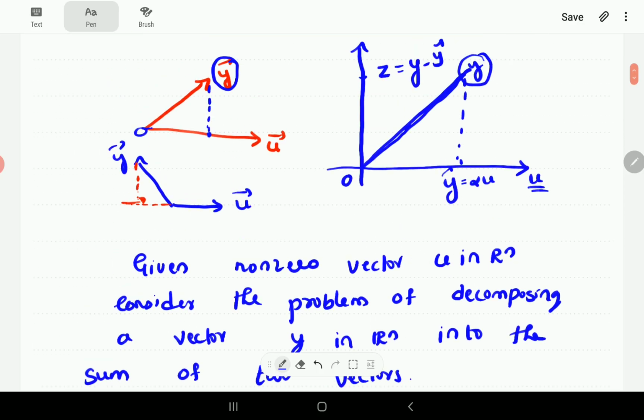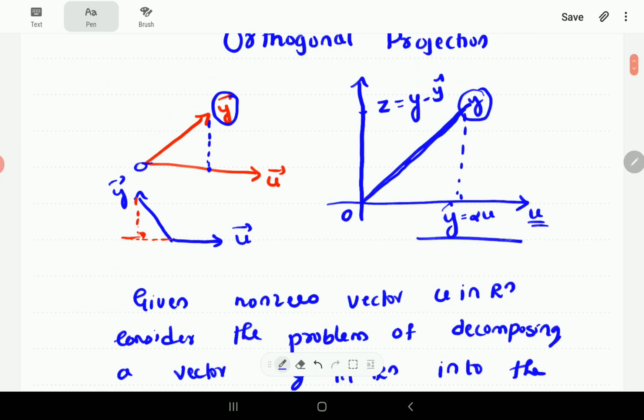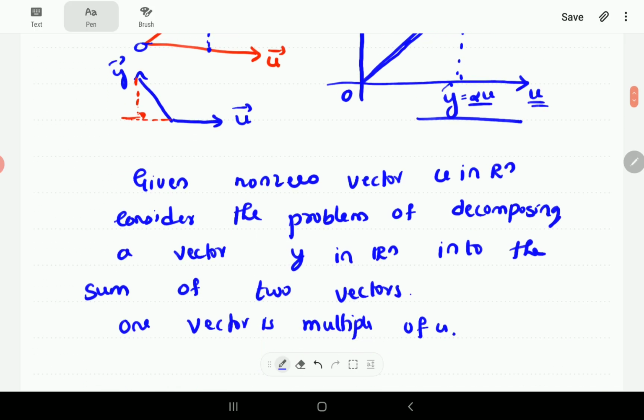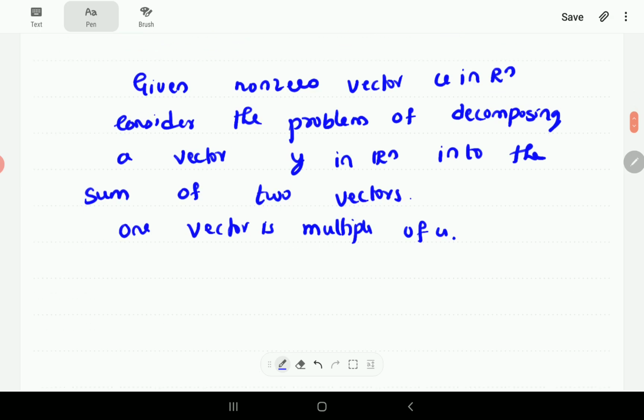As I told you, this vector which we are renaming as y cap is like alpha times u. That means it is a multiple of this vector, in the direction of u, so it is a scalar multiple of the vector u. And the other vector is orthogonal to u.